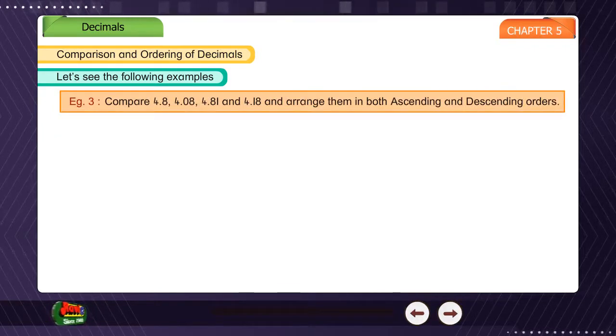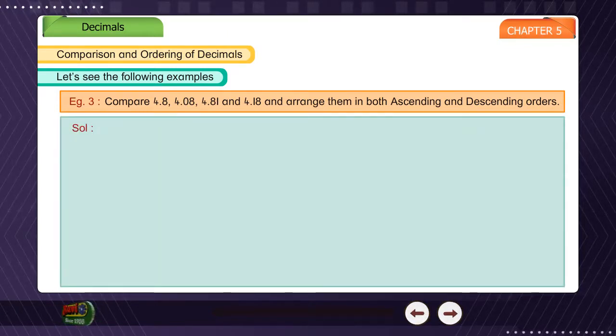Example 3. Compare 4.8, 4.08, 4.81 and 4.18 and arrange them in both ascending and descending orders. Solution.